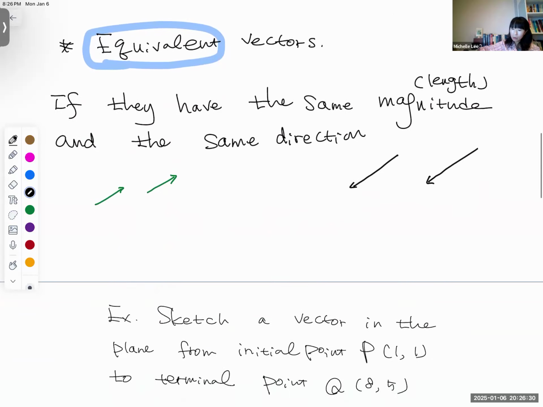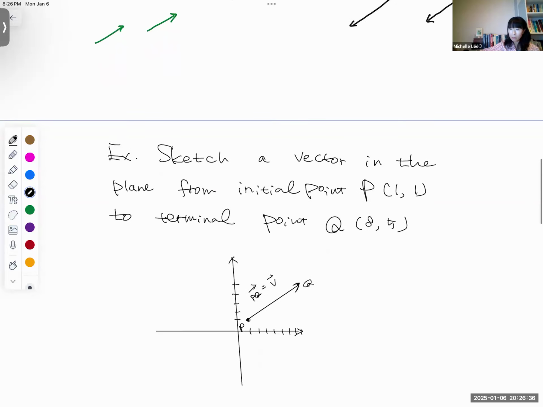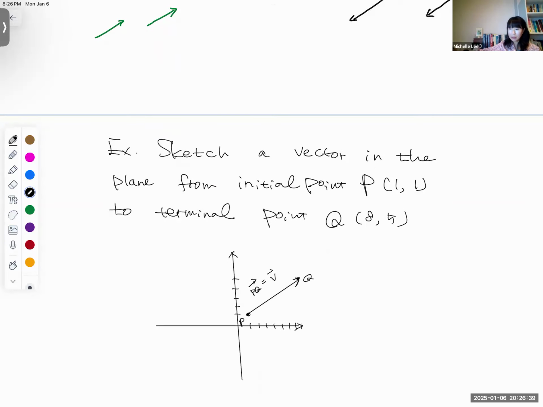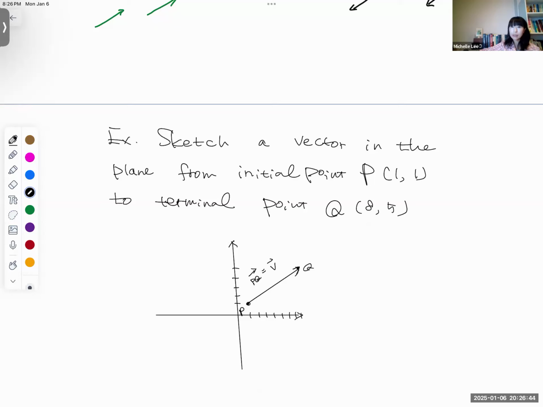All right, now we sketch a vector in the plane from initial point P with coordinates 1, 1 to terminal point Q 8, 5, right? So this is X, this is Y. So P is 1, 1, an ordered pair, right? So 1, 1 there. And then Q is 8, 5.